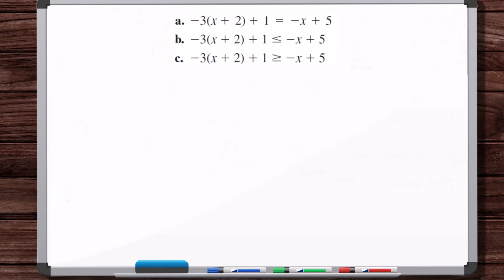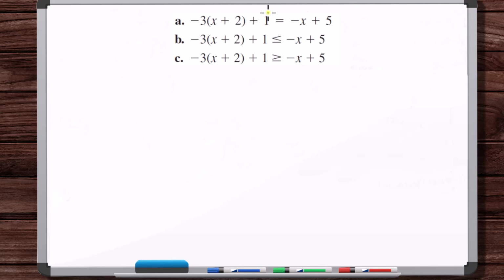Okay, so here's another example. We could easily solve these using the properties of equality or inequalities, but let's do this graphically. They don't give us a graph in this case, but we can use our calculators. I'm going to plug into Desmos.